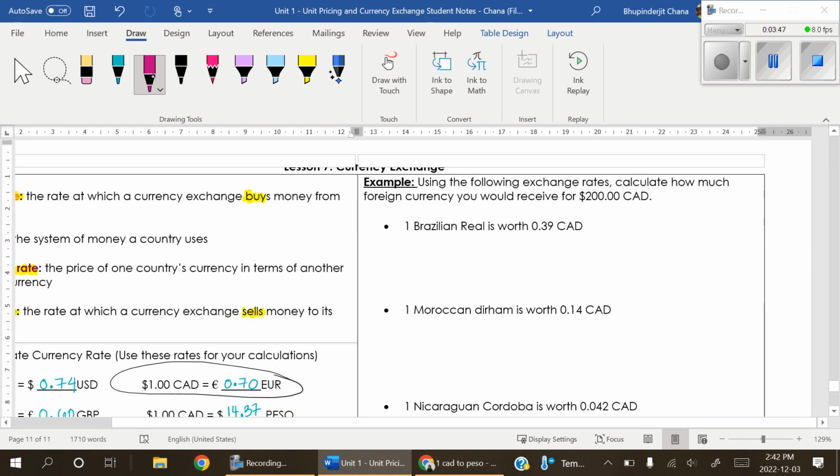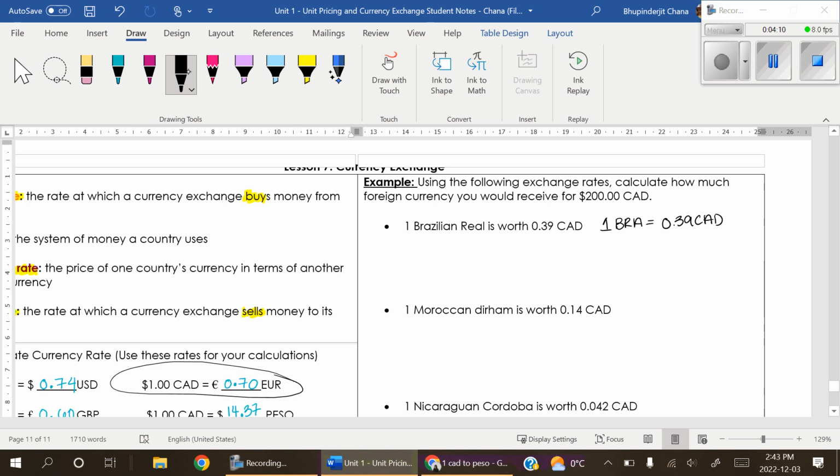Using the following exchange rates, calculate how much foreign currency you will receive for $200 Canadian. So it says that 1 Brazilian dollar is equal to 0.39 CAD.